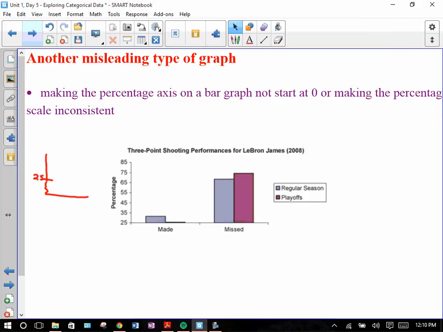And to make the percentage scale inconsistent means that you start at 0, go 25, 40, 45, 50, 55, 70, 80, 100, where you jump around, where these numbers aren't evenly spaced out. All right? I believe that's the last one.